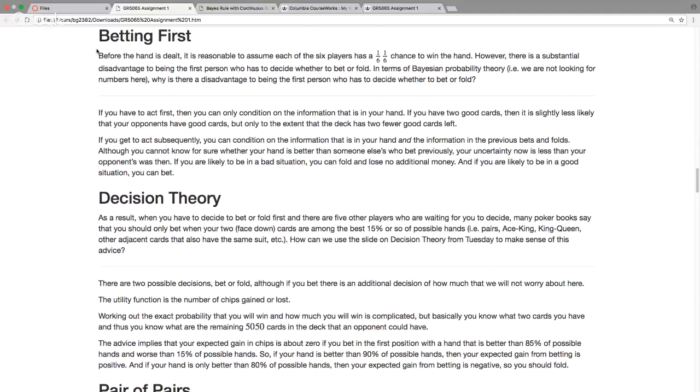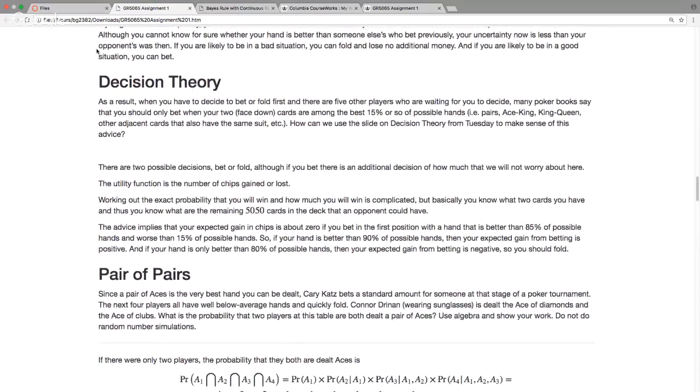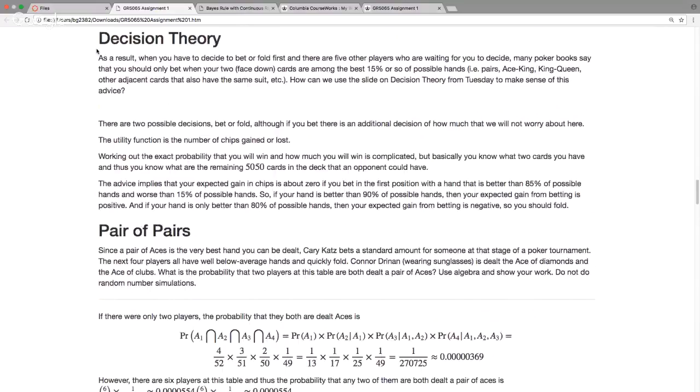But the people who go after you can condition on whether you bet, how much you bet, whether you fold, etc. And so they have more information to update their beliefs about what you have than what information you had about their hands when you had to bet. And so if you're in a bad situation, you can fold. If you're likely to be in a good situation, you can bet. And that is going to result in sort of systematically worse outcomes for the people who have to go first. And that's why they rotate.